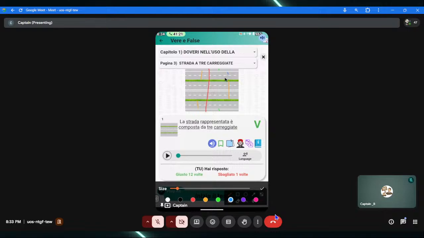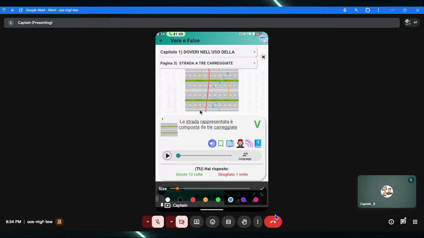Banchina, carreggiata, corsia, corsia, corsia. Now, in this road, we have 8 corsia. 1, 2, 3, 4, 5, 6, 7, 8. 8 corsia. How many carreggiata? 3 carreggiata. 1, 2, 3.